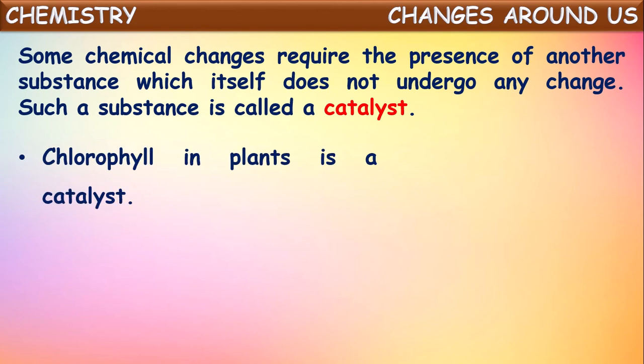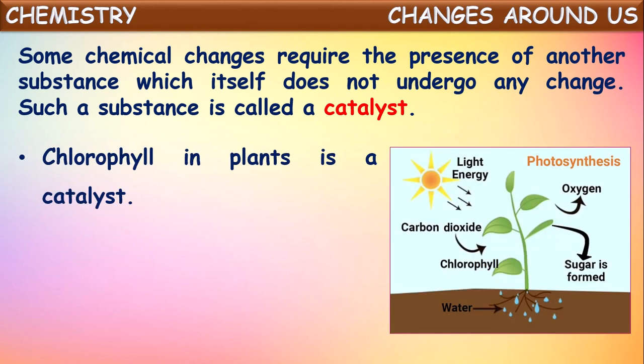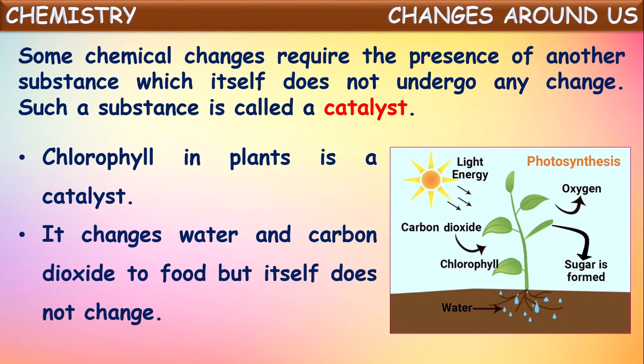For example, chlorophyll in plants is a catalyst because it changes water and carbon dioxide into food, but itself it does not undergo any change. So in the presence of chlorophyll only, water and carbon dioxide combine together to form food in the form of carbohydrates, isn't it?